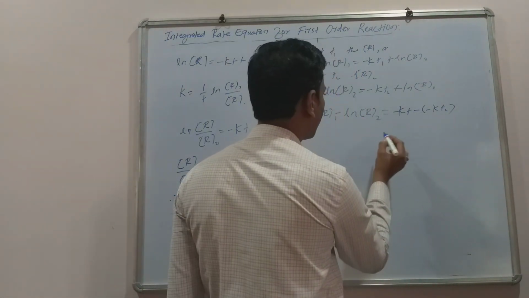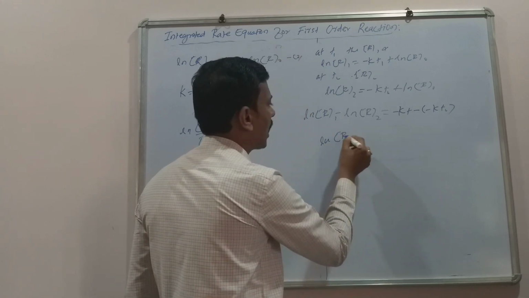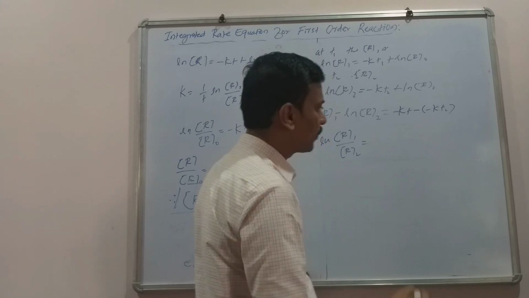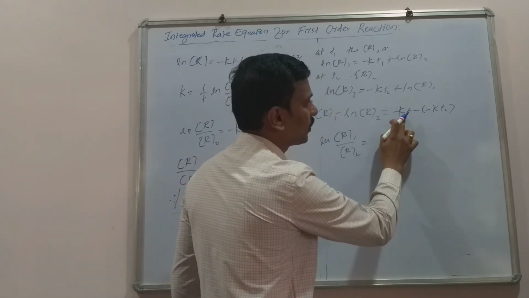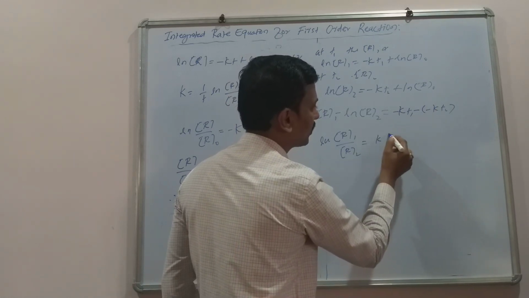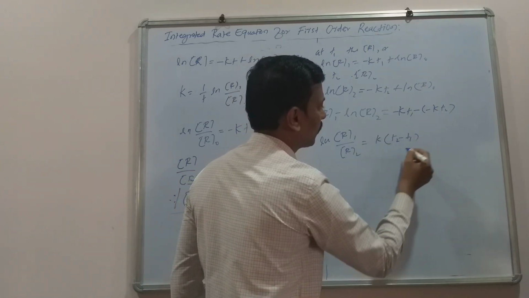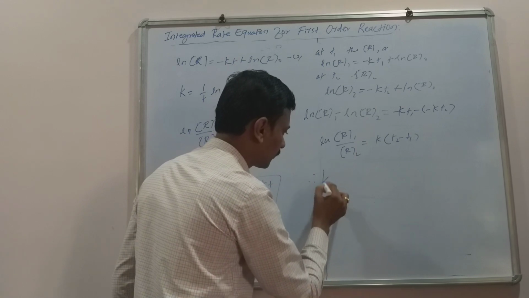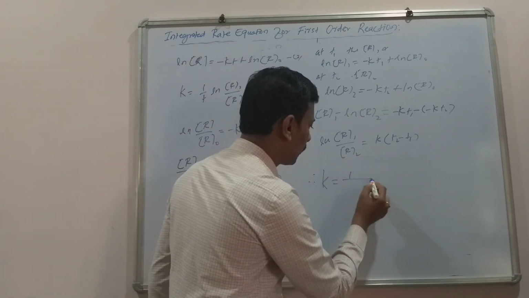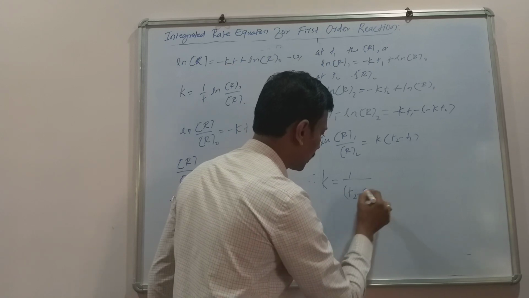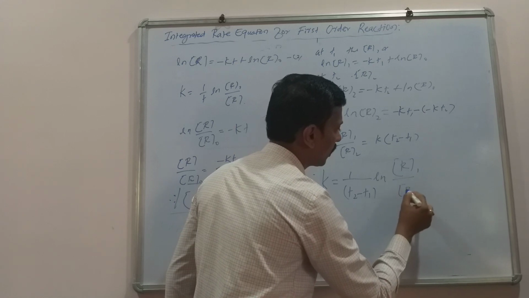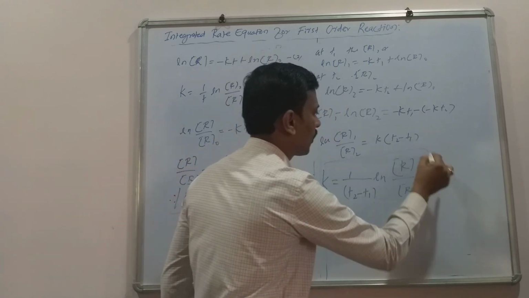This can be written as ln of r1 divided by r2 is equal to minus kt1 plus kt2, taking k outside, k into t2 minus t1. Therefore, the rate constant of the reaction is equal to 1 by t2 minus t1 ln of r1 divided by r2. These are other forms of the equation.